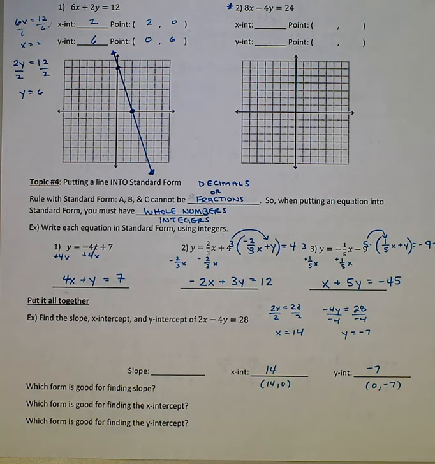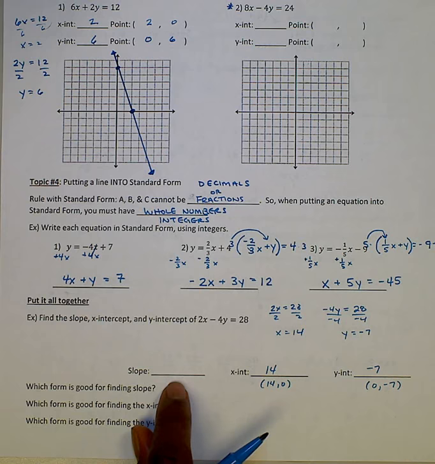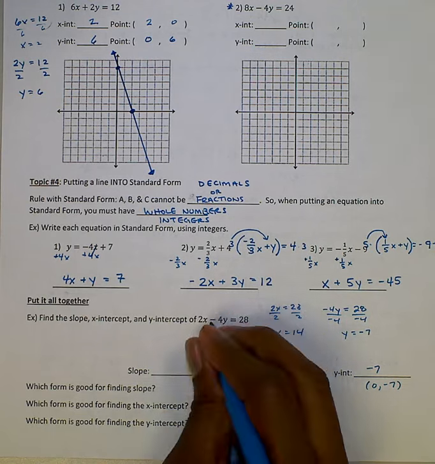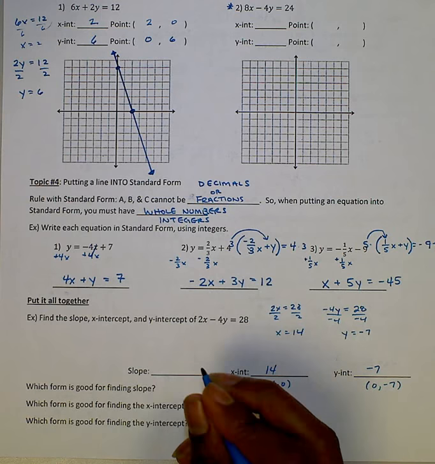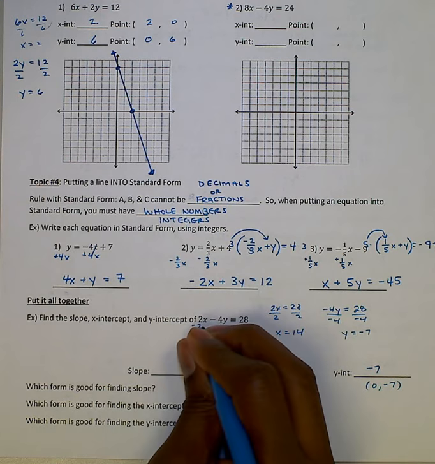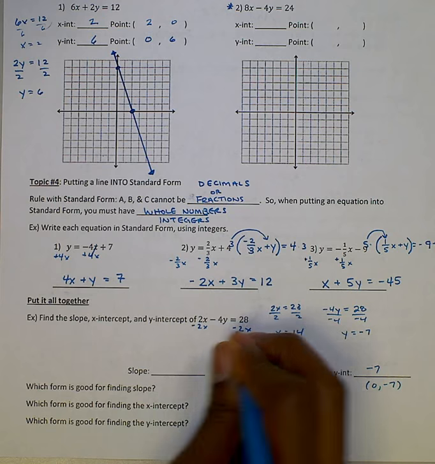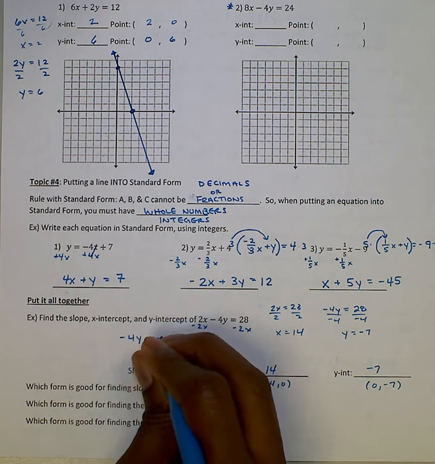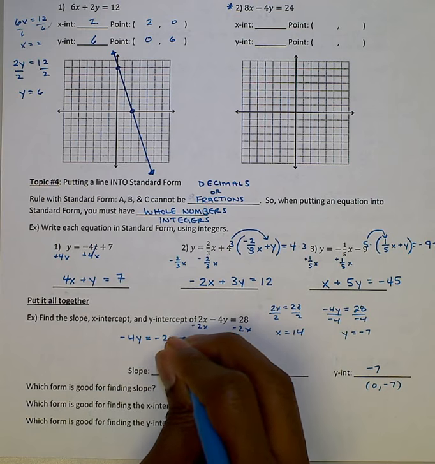Alright, now it's asking us to find the slope. Remember, for slope, we're basically putting it in slope-intercept form. And so that means I'm trying to get y by itself. How can I do that? Well, I'm going to subtract 2x from both sides. And I have -4y equals -2x plus 28.